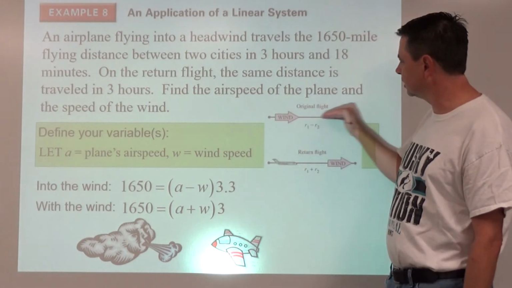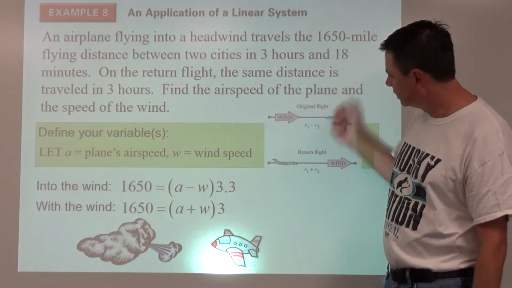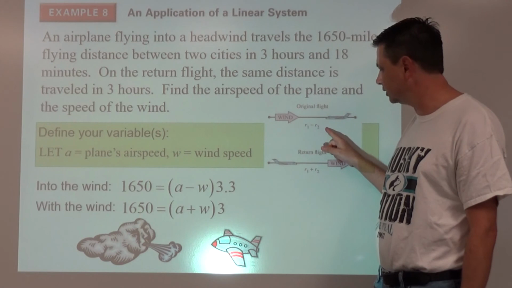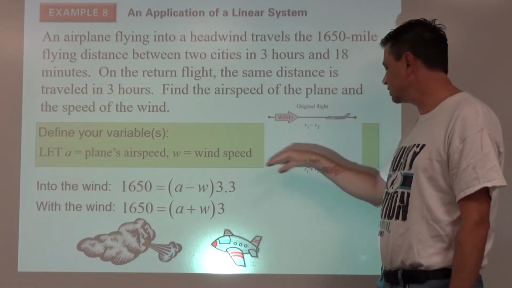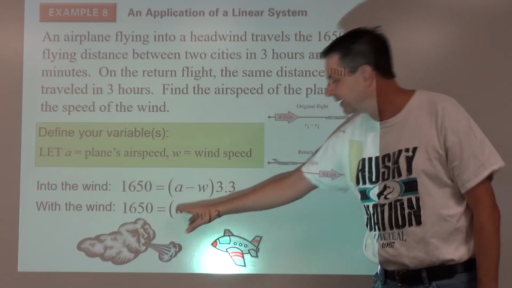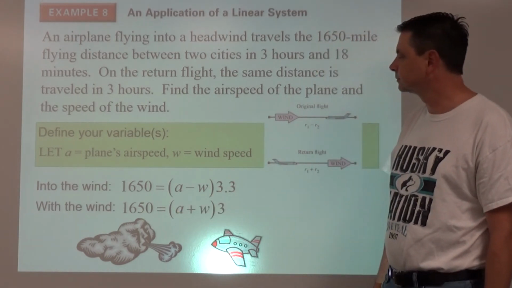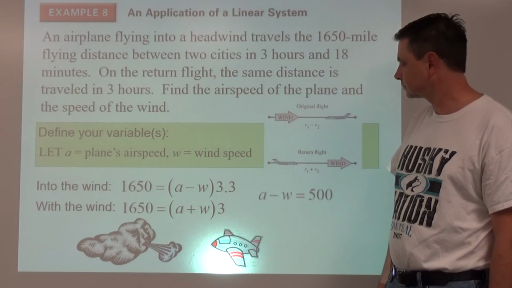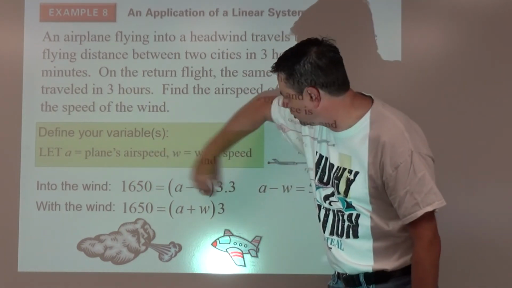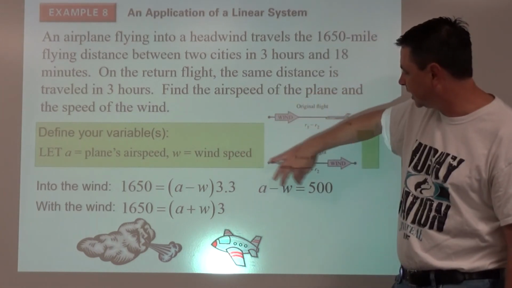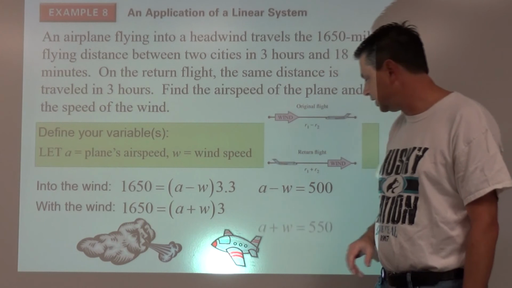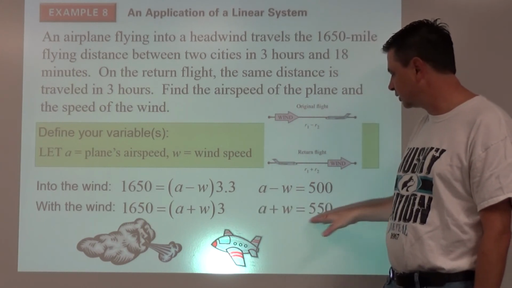Originally we're flying into the wind, so A minus W. Coming back, the wind's pushing us, making us go faster, A plus W. All right, so if we divide both sides by 3.3, we get A minus W equals 500. Dividing both sides by 3, A plus W equals 550.